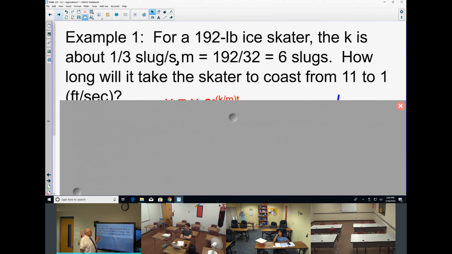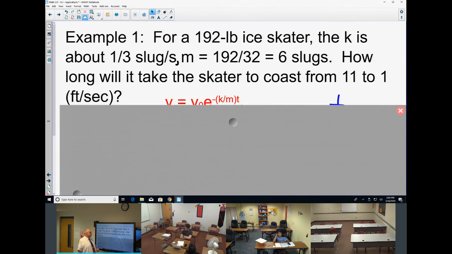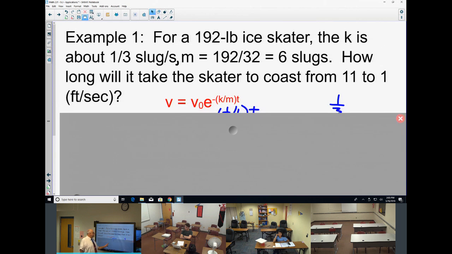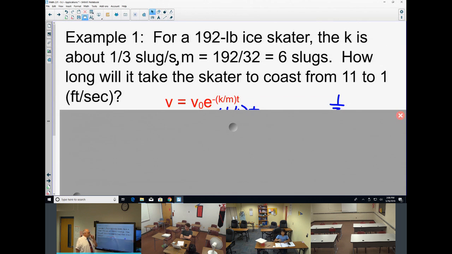How long will it take the skater to coast from 11 to 1 foot per second? Using this formula, we want to know when the velocity is 1, how long did it take?